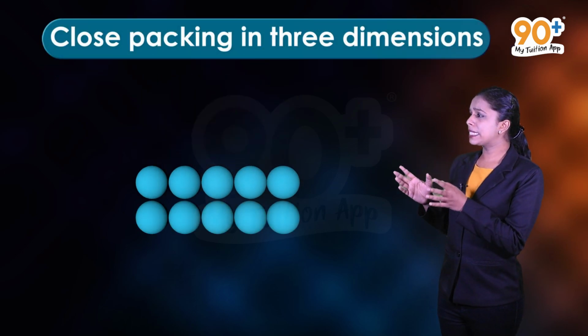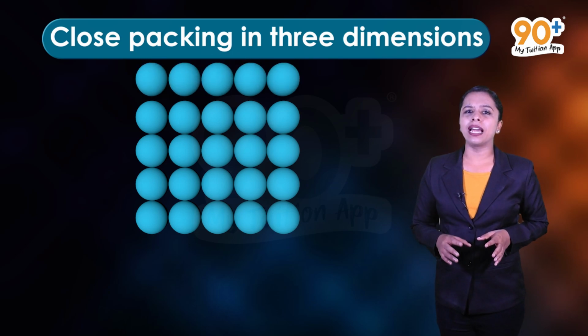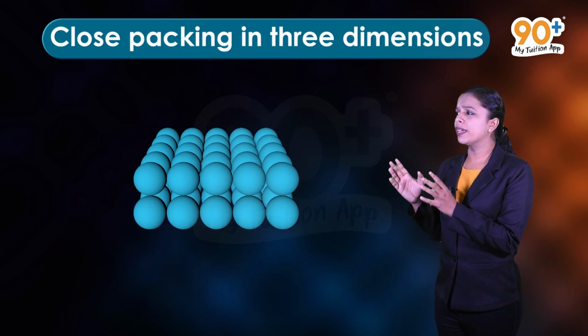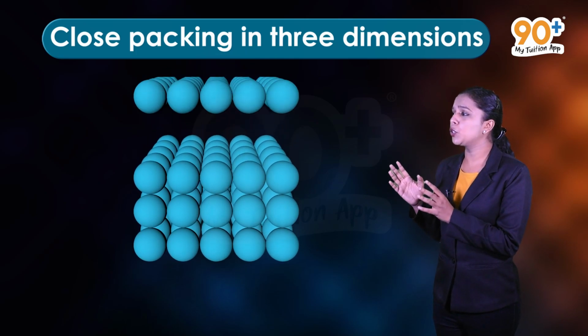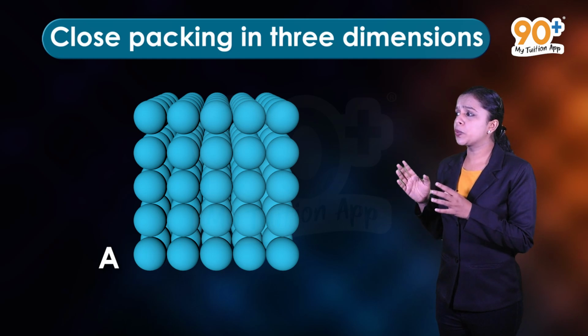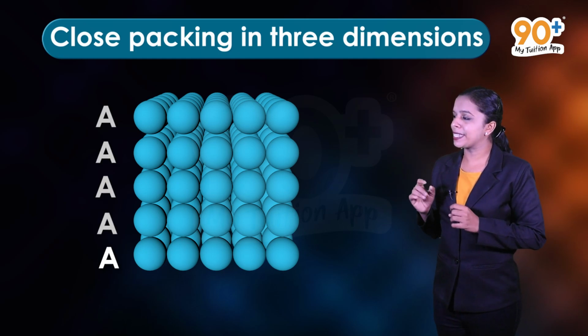Here, as you can see, the spheres are aligned horizontally as well as vertically. If the arrangement of spheres in the first layer is considered to be of A type, then the arrangement of spheres in the subsequent layers is also of A type.